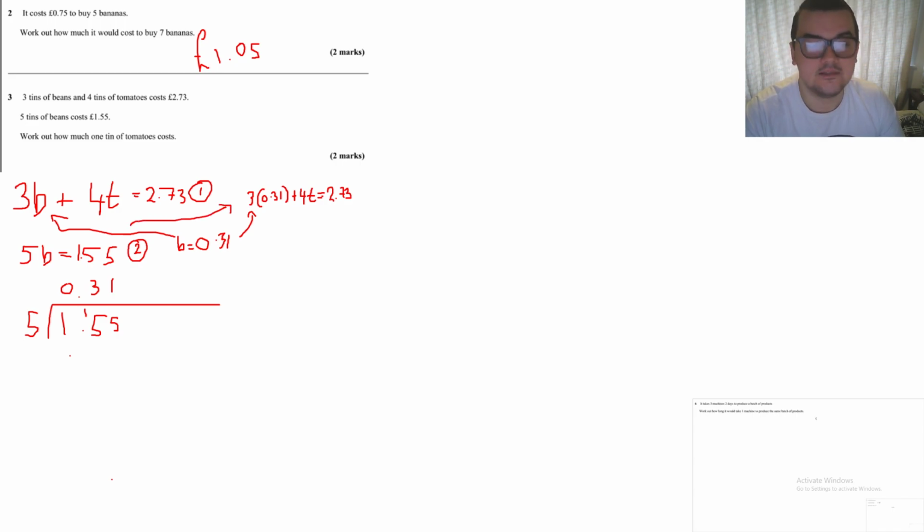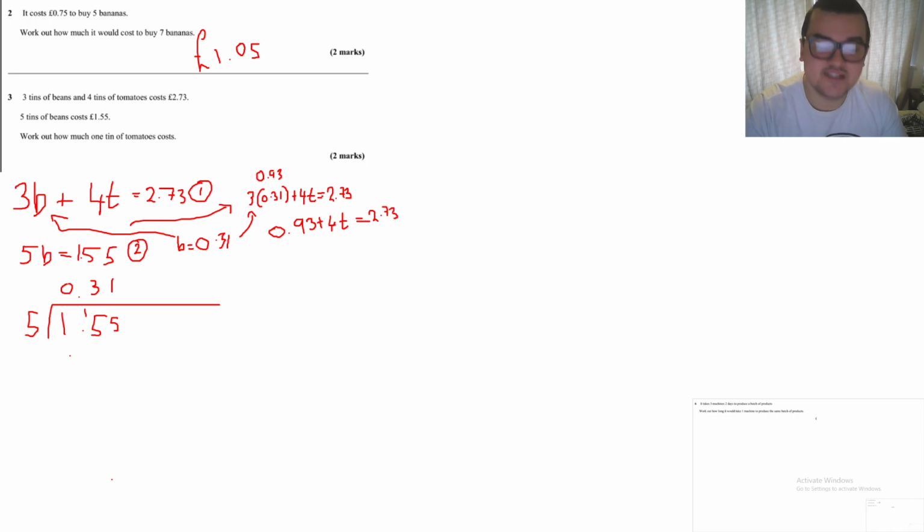So 3 lots of 31, that's 93, you can work that out yourself, or you can just look at this 31: 3 times 0 is 0, 3 times 3 is 9, 3 times 1 is 3. So we're going to have 93 pence plus 4T equals £2.73.